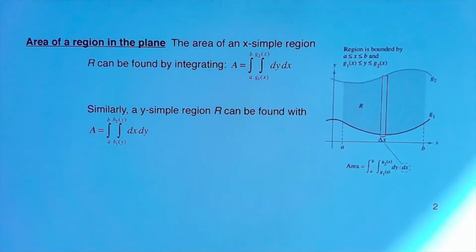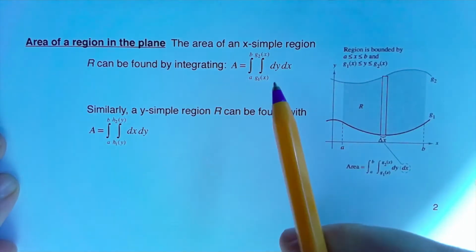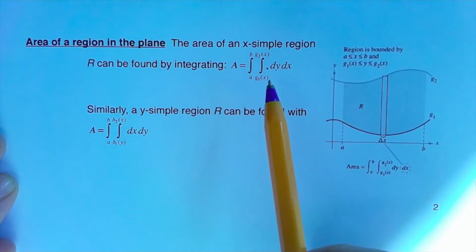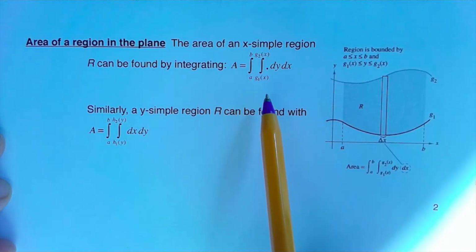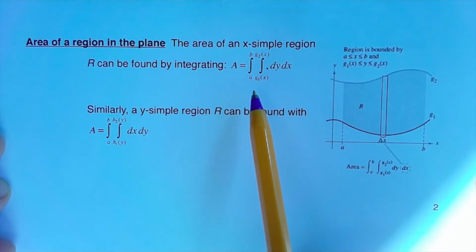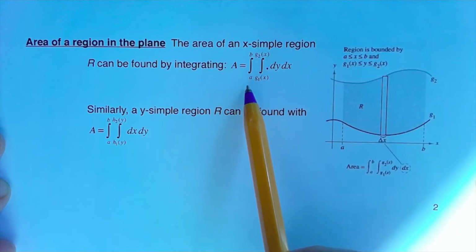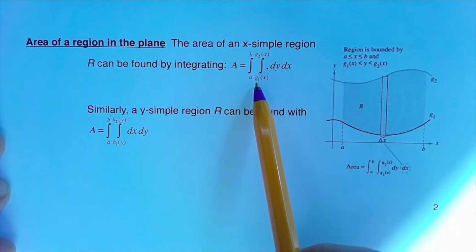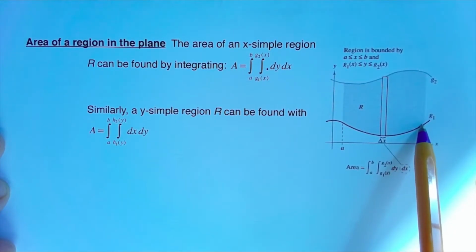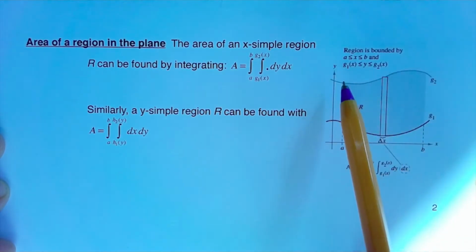So if we're looking for the area of a region in the plane, we do exactly that. We set f of x, y equals 1, and the area is simply found by integrating x from a to b, and then y from the function below to the function above.